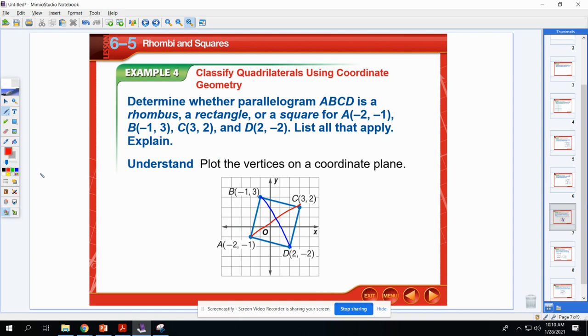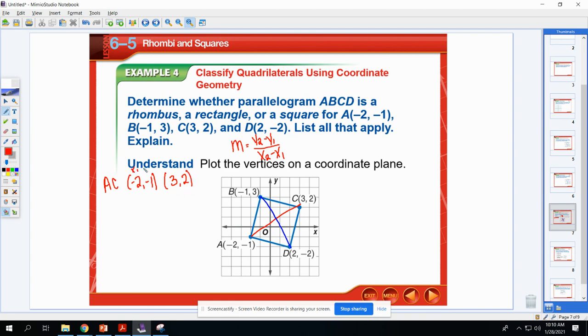So if you cannot remember the slope formula, that is m equals the rise over the run, or our y's over our x's. So y2 minus y1 over x2 minus x1. Starting off here, I will start with AC. And AC is (-2, -1) and (3, 2).